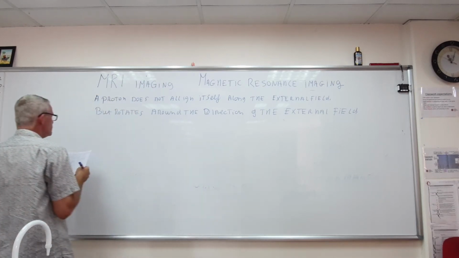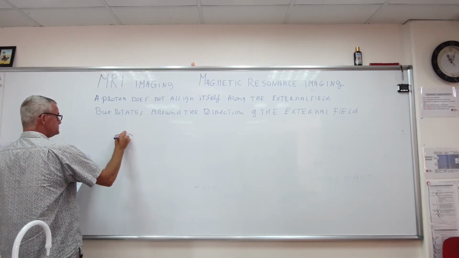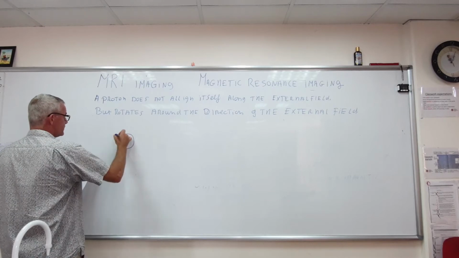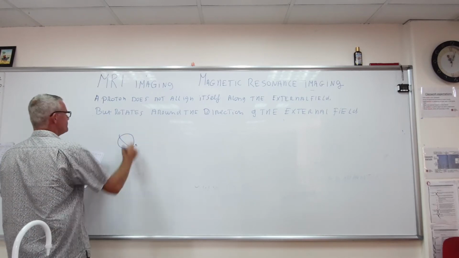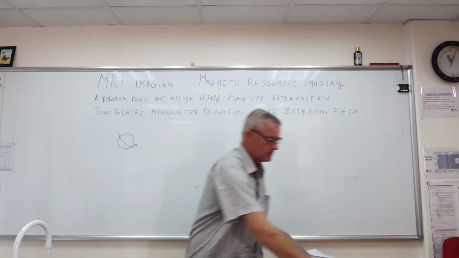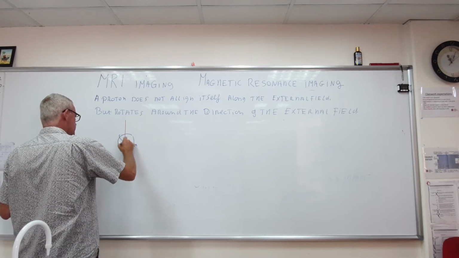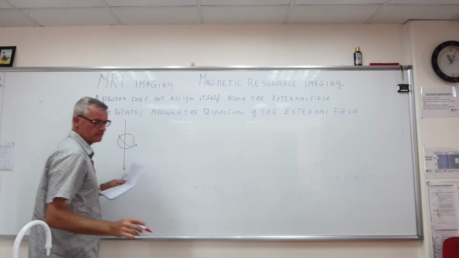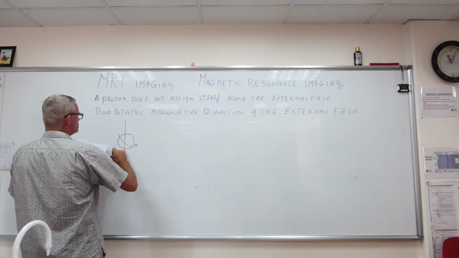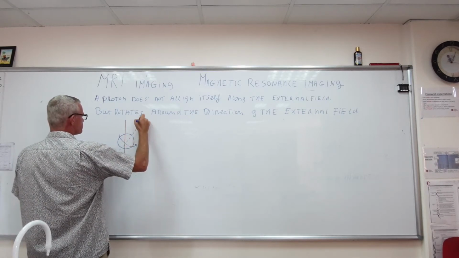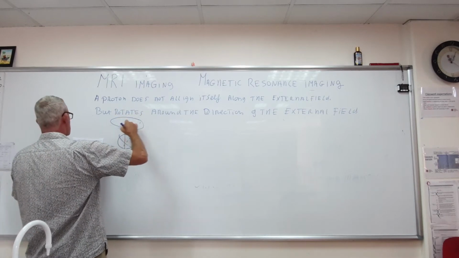Yeah? If we look at our proton, the proton is spinning around. It has aligned somehow along the magnetic field, but because of the spinning, it's like spinning around here.